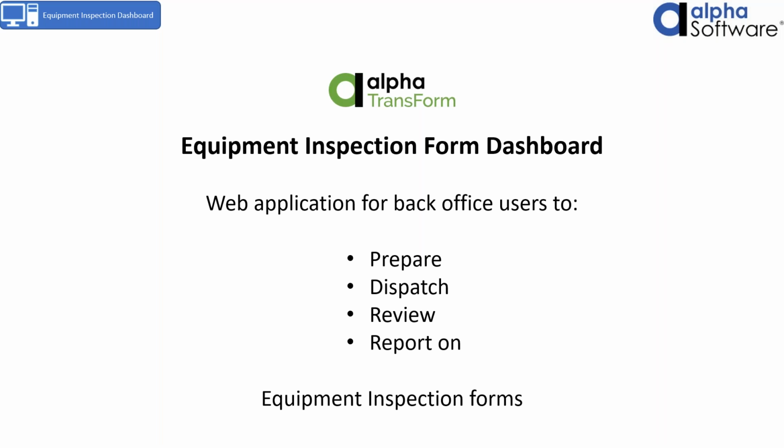So, this is sort of a natural progression from the equipment inspection app that we showed a little more than a month ago, which is the back office part of it.